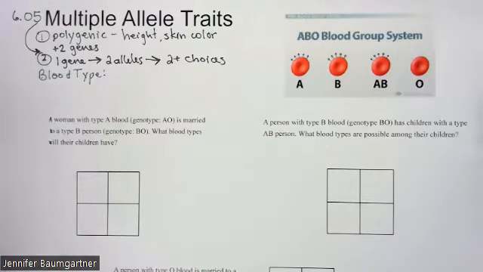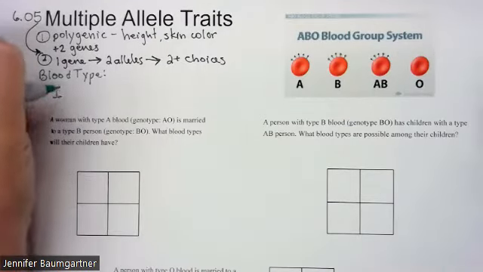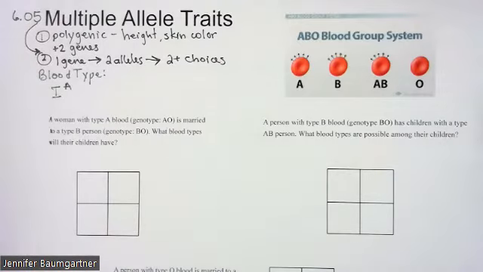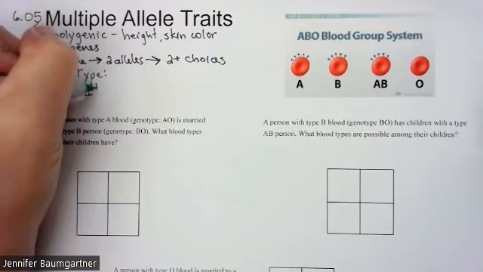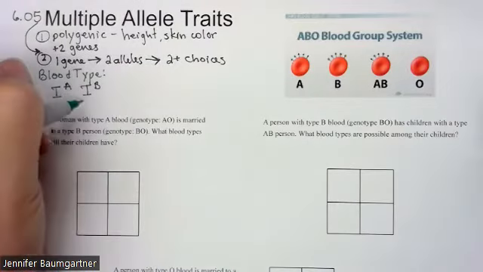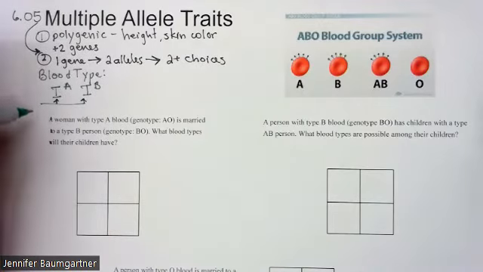Now, A and B are codominant, and so we write them as a capital I with a superscript A, and we write them as a capital I, superscript B. Why? Because these are codominant.